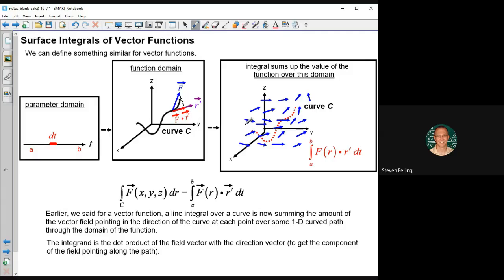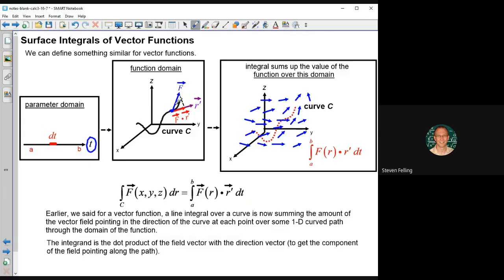All right, and then we're going to go even further and say, is there any reason we have to only sum a scalar? We know that we can also sum vectors, right? Back when we did a space curve, a one-dimensional curve parameterized with a single parameter t, we said if we're going through a vector field where we have vectors at every point in the domain, we can define the amount of the vector field in the direction of motion by taking F, whatever the vector is at that location, dot the direction vector.